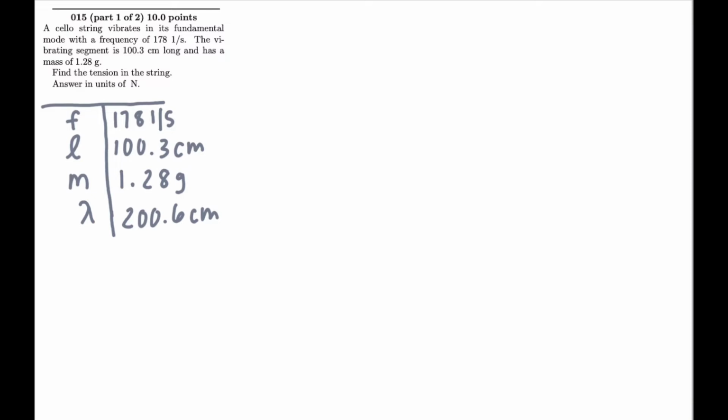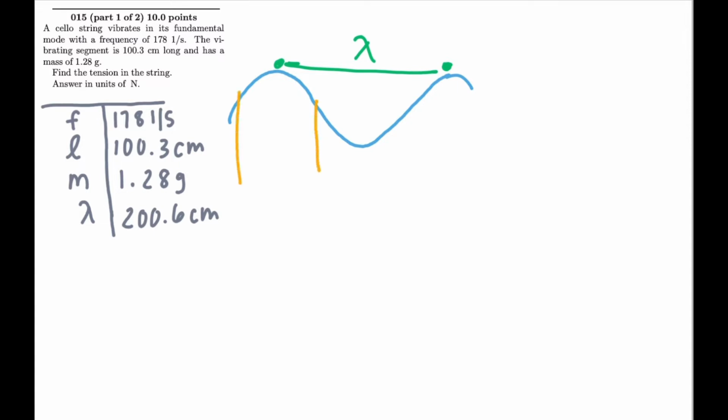Okay, let me explain the wavelength part. So imagine this is the string, right? And from here to here, this is the wavelength, right? I'm trying to do a nice picture, but it's not really working out so great.